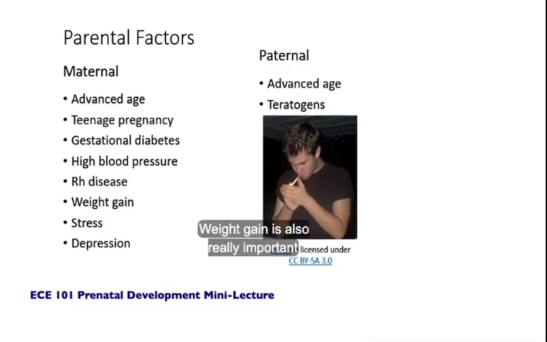Weight gain is also really important. So often there's this misunderstanding that we're eating for 2, when really you only need about 300 extra calories while you're pregnant. And depending on what your weight is when you get pregnant affects how much weight you need to gain. So if you are underweight, you need to gain extra weight. If you're a healthy weight, you're looking at 25 to 35 pounds.